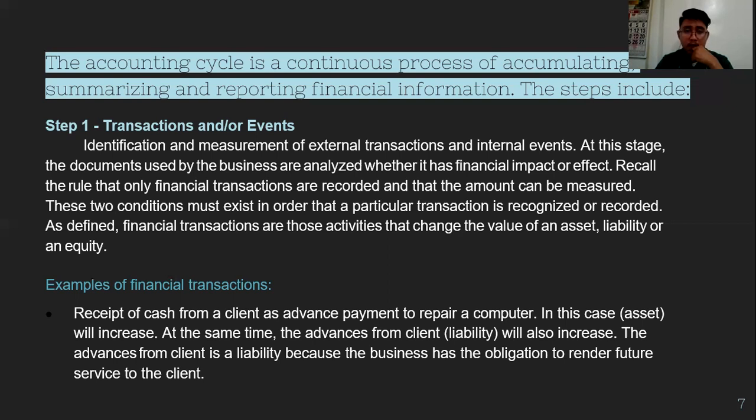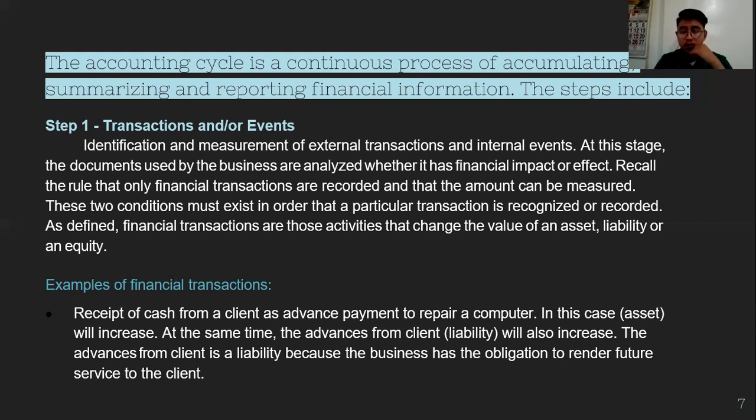So, you need the caption for the account title and the amount of the account title. These two conditions must exist in order that a particular transaction is recognized or recorded. As defined, financial transactions are those activities that change the value of an asset, liability, and equity. Here, we need to determine if there is an effect on asset, liability, and equity.